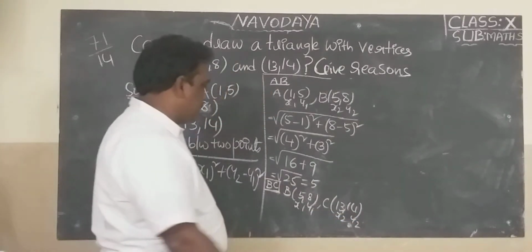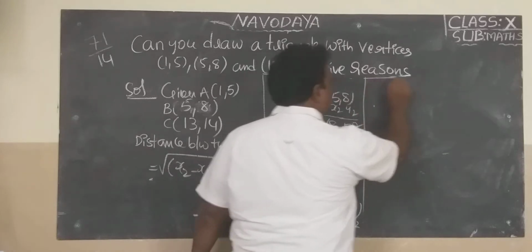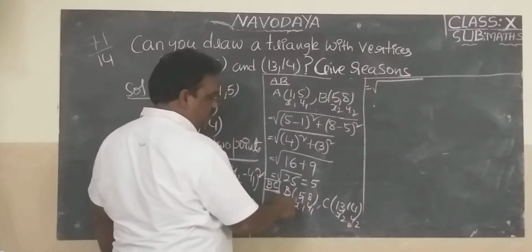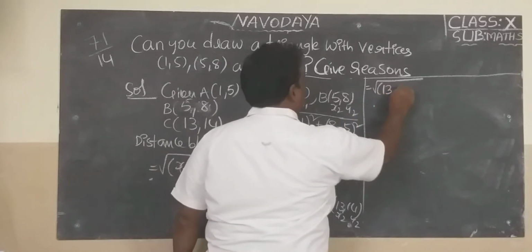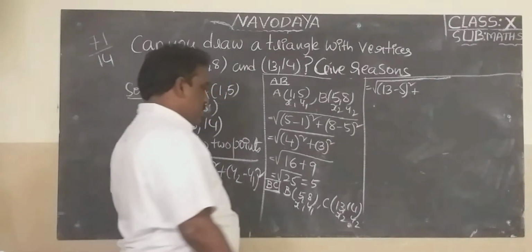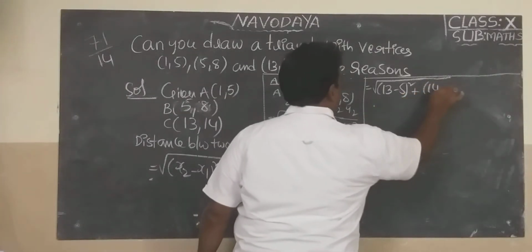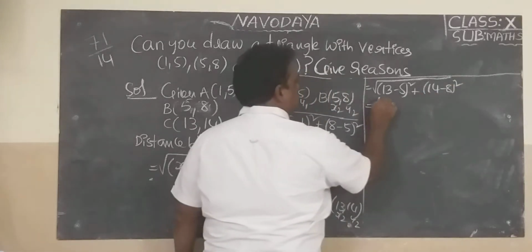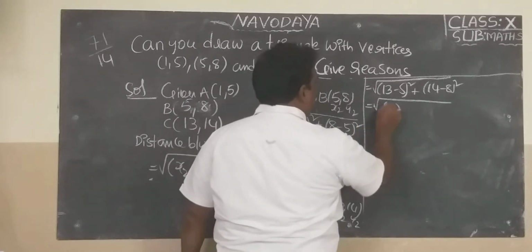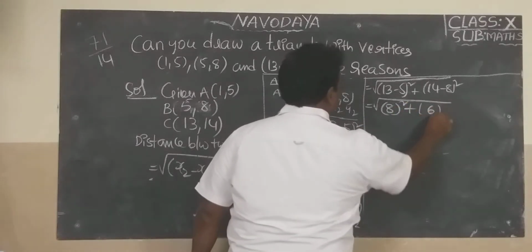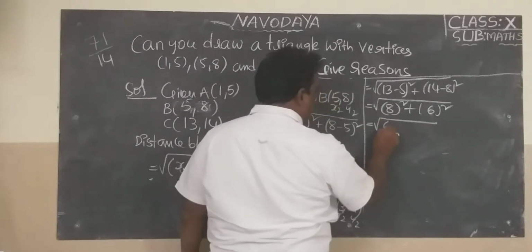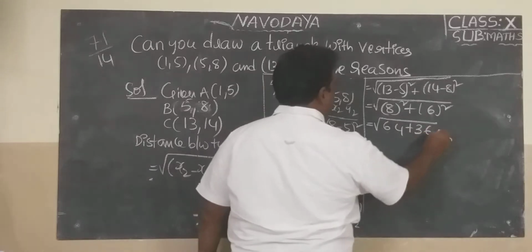Substitute: root of (13 minus 5) whole square plus (14 minus 8) whole square. 13 minus 5 is 8, whole square. 14 minus 8 is 6, whole square. 8 square is 64, 6 square is 36.